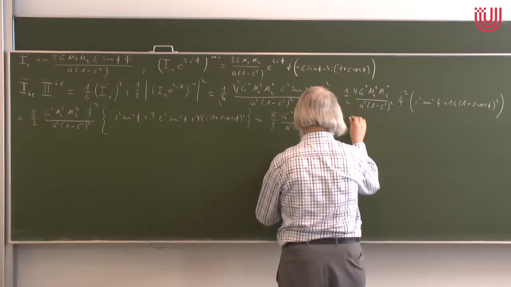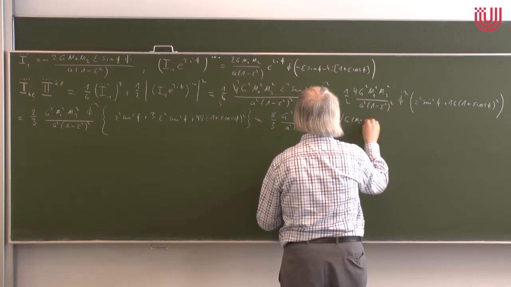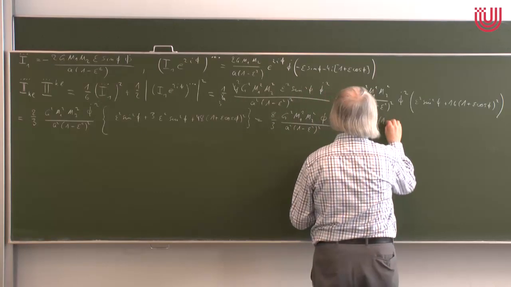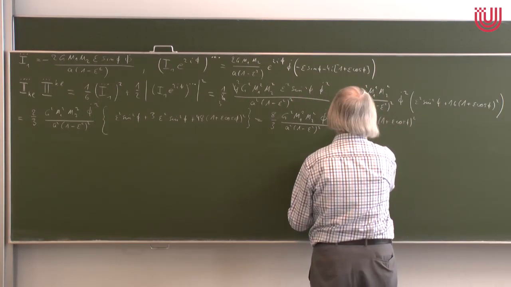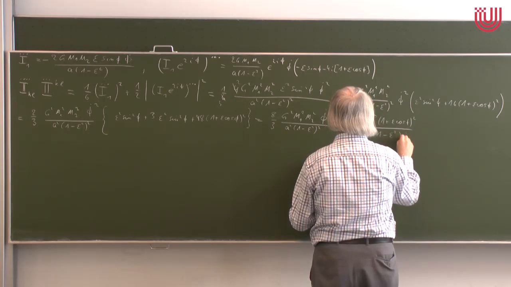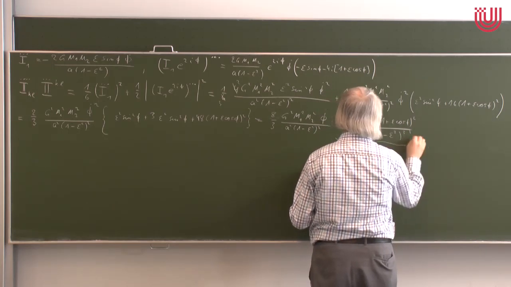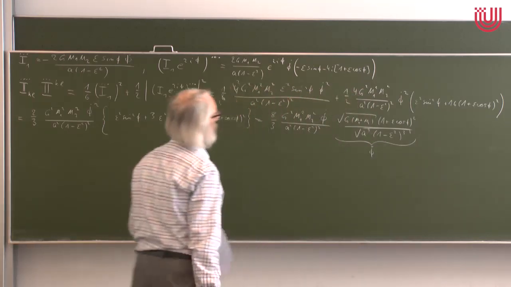We had last time seen that phi dot was this here, root g (m1 plus m2), (1 plus epsilon cosine phi) squared divided by root a cubed (1 minus epsilon squared) cubed. And this here is phi dot. We had derived this last time.